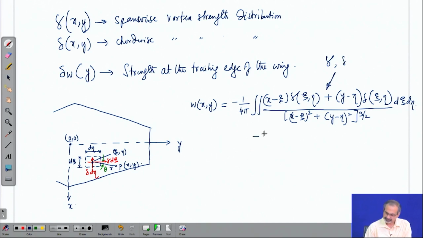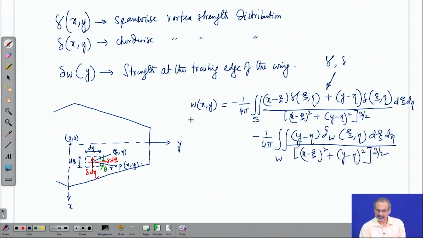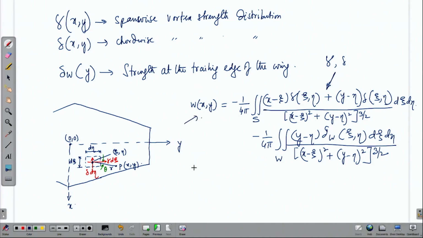And then comes the effect of the wake. So, this is on the surface of the wing, the other part comes from the wake. So, you can try working out this relation on your own by using Biot-Savart law. We are just stating the final relation, okay?